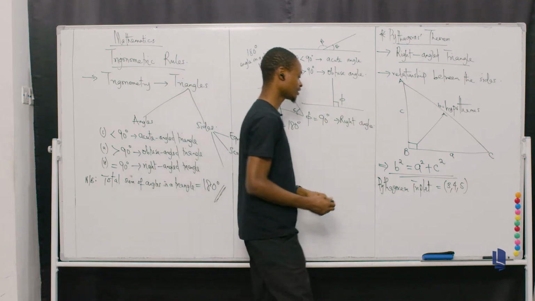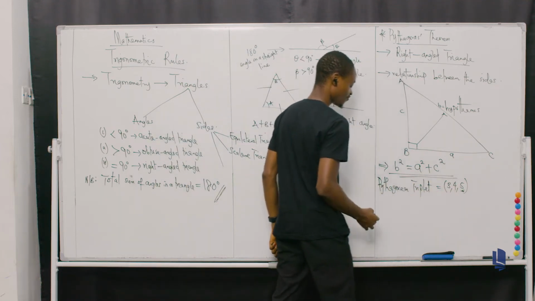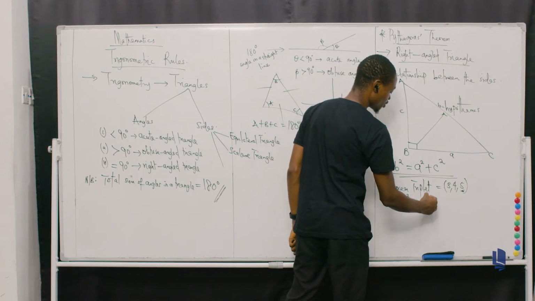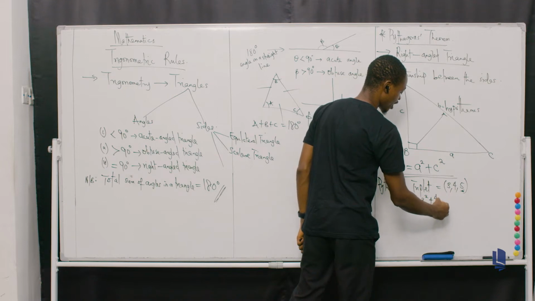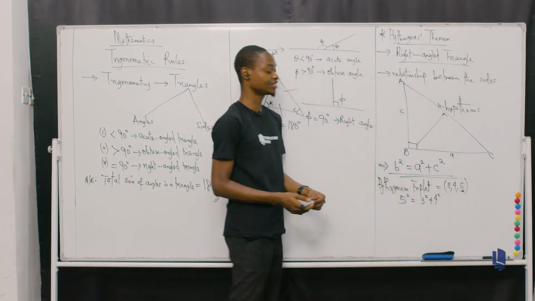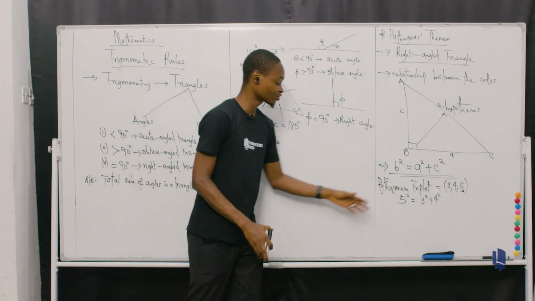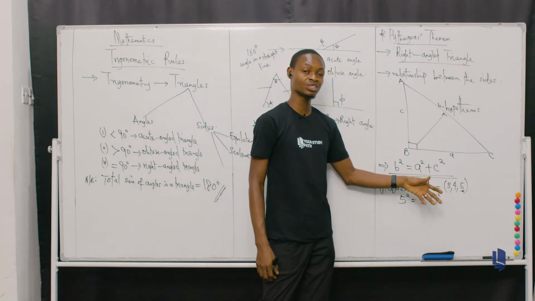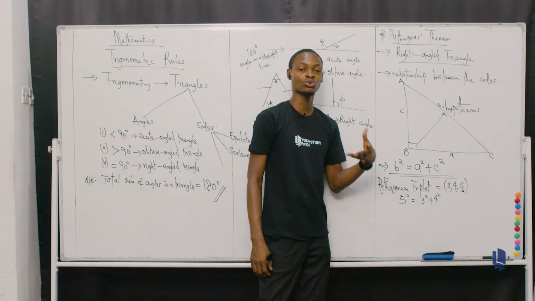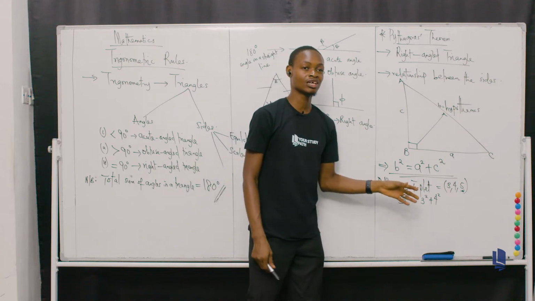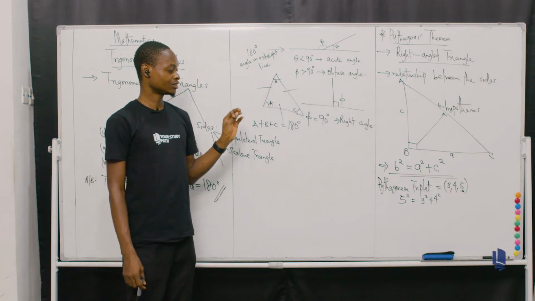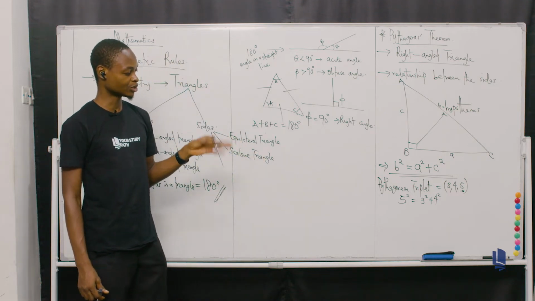So 5 squared, which is our hypotenuse, has to be the sum of 3 squared and 4 squared. If you verify this, it is true. 5 squared is 25, 3 squared is 9, plus 4 squared, which is 16. 9 plus 16 is also 25. This is a good example of a Pythagorean triple.